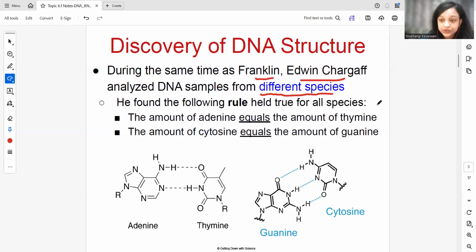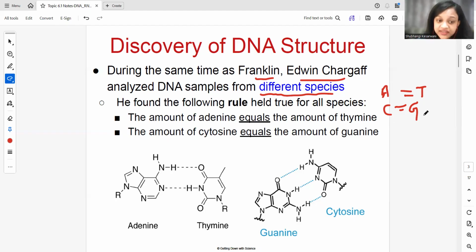He got to know that the amount of A is equal to the amount of T, and the amount of C is also equal to the amount of G. What does it mean? A, T, G, C. A means adenine, T means thymine, C means cytosine, and G means guanine.